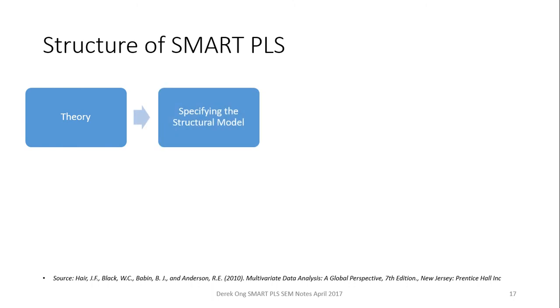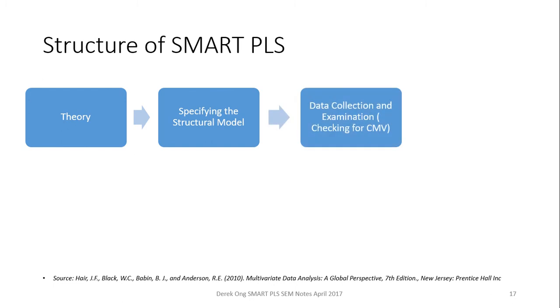Using that theory, you specify the structural model, collect your data, and also specify your latent variables. Now, when you do your data collection, I will have a separate video on how to deal with this problem of common method variance or CMV, which a lot of high-tier publications would like you to check on.